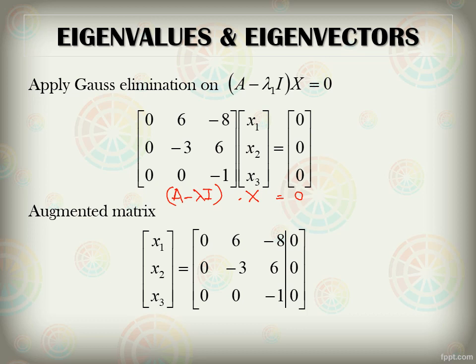We write this into the augmented form, so you have this matrix next to this matrix, like this. And then reduce this to REF form by using the ERO, Gauss elimination method.